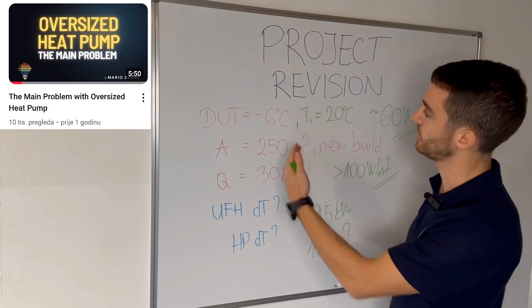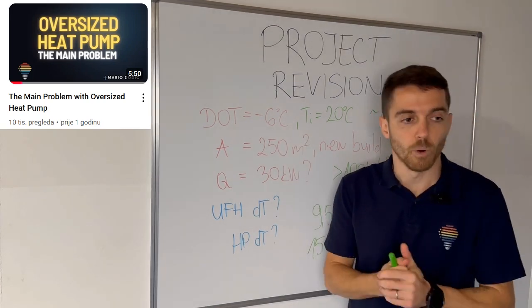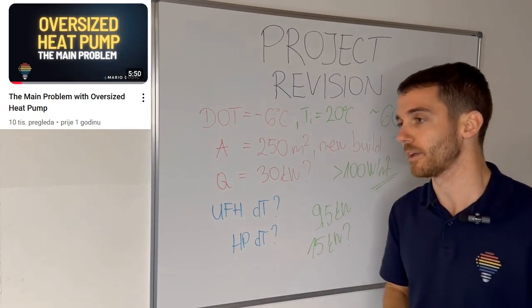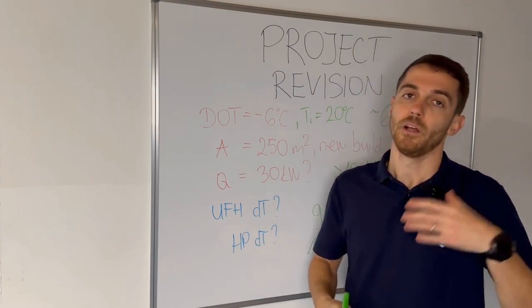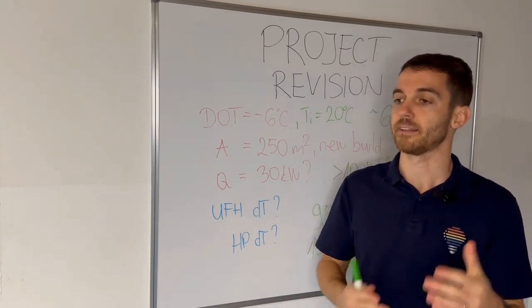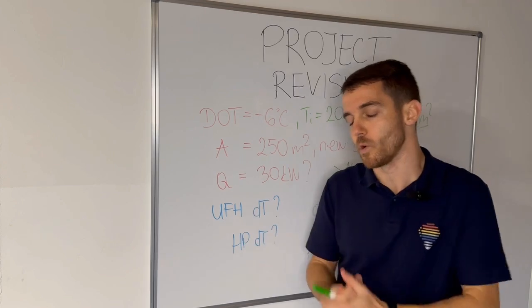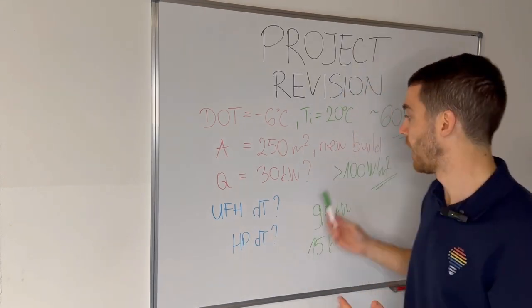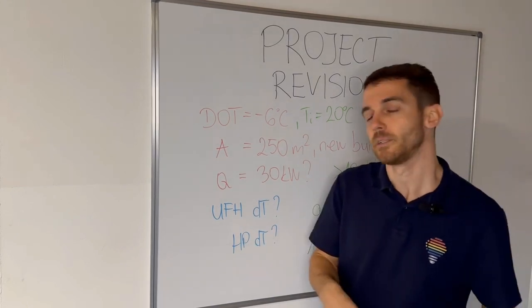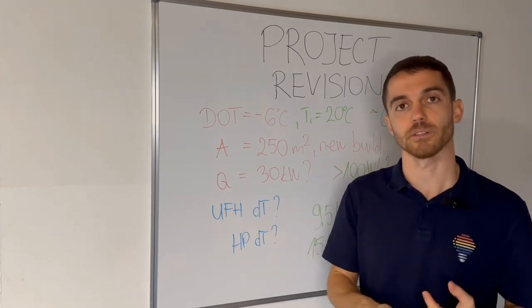And this is the main thing when I'm talking about oversizing units. Most of us in the industry can agree that oversizing is not good for a heat pump. I'm not talking about oversizing like 10, 20, 30% if you need it, because you need to choose equipment and so on. But if you oversize by 50, 60, 100 or 300%, you will for sure have a bad system, a bad unit, high consumption.